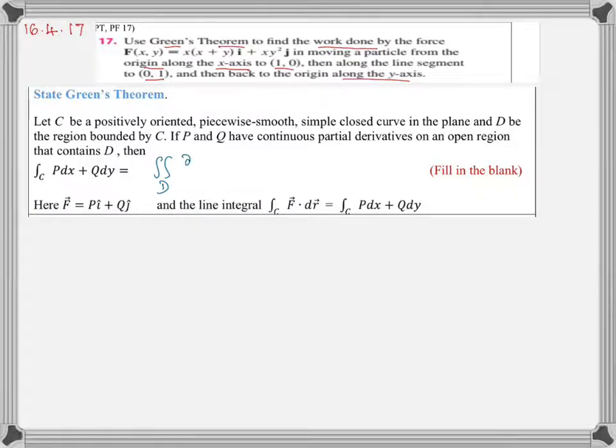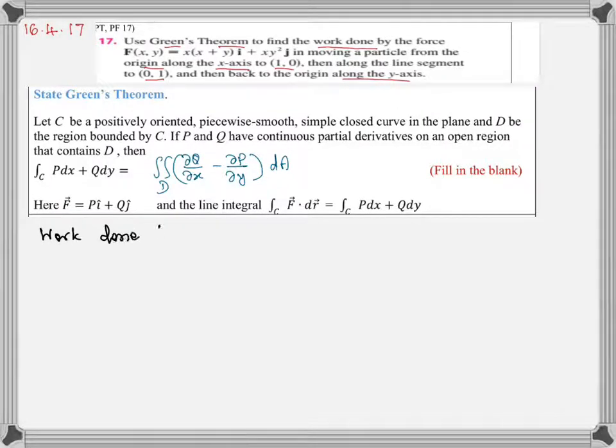Let C be a positively oriented, piecewise smooth, simple closed curve in the plane and D be the region bounded by C. If P and Q have continuous partial derivatives on an open region that contains D, then the integral over C of P dx + Q dy equals the double integral over D of the partial derivative of Q with respect to x minus the partial derivative of P with respect to y dA, where F is Pi + Qj and the line integral over C of F dot dr is the integral over C of P dx + Q dy.